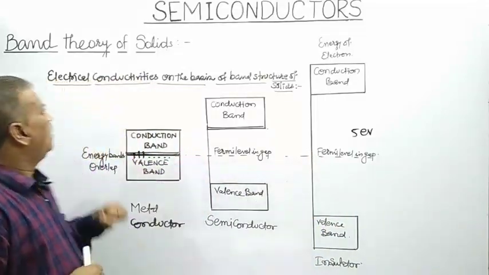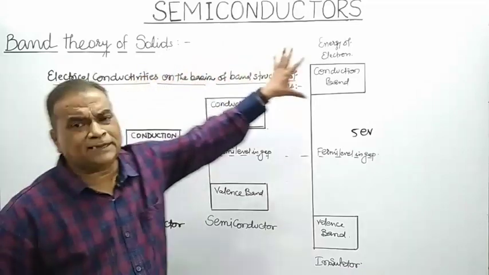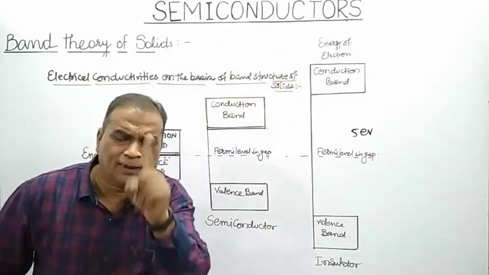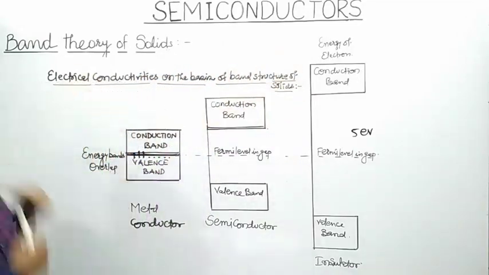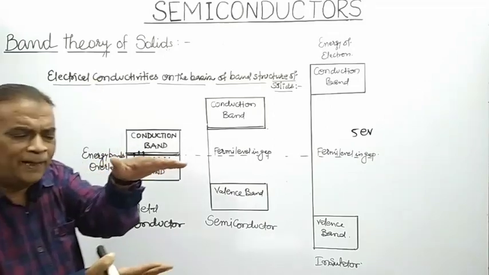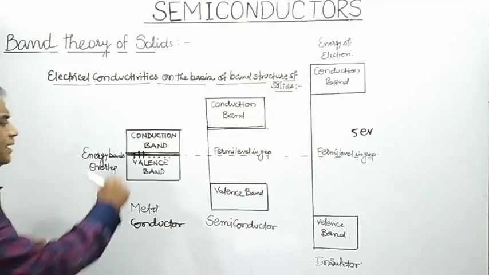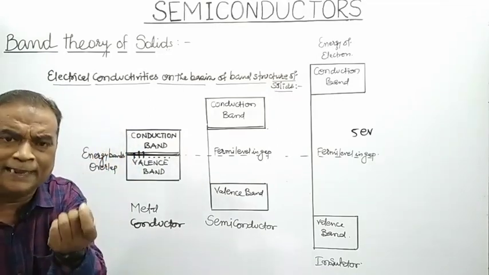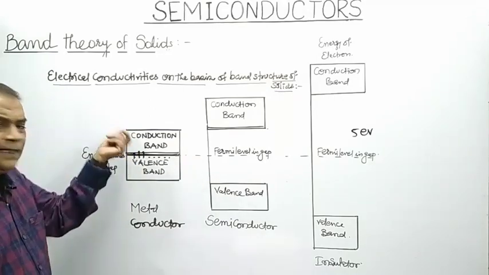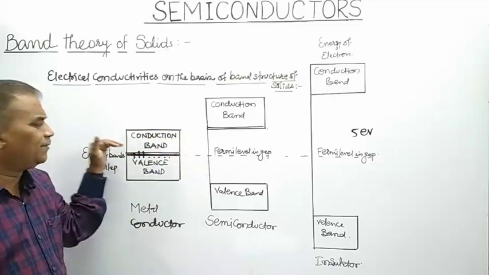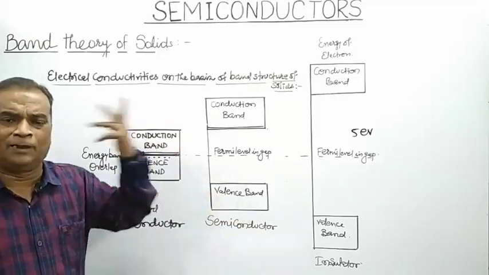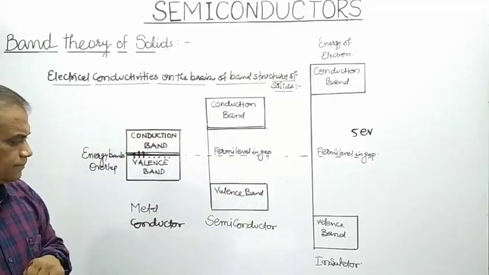So remember, on the basis of the band structure of a solid, in case of a conductor, the valence band and conduction band overlap. So just by applying an external electric field, electrons in the valence band gain a small amount of energy, acquire an energy level in the conduction band, and are made available for conduction of electricity.